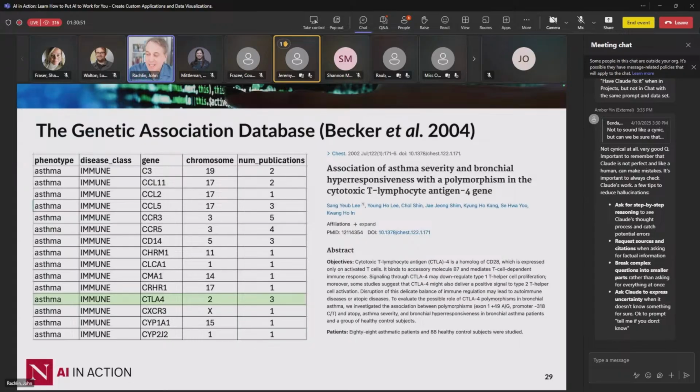And the database cataloged 3 publications reporting a positive association between CTLA4 and asthma. And there's record after record, counting up the number of publications that report a positive association. Altogether, this data set has something like 7,000, maybe upwards of 8,000 records. And what can we derive from looking at all of this data in aggregate?